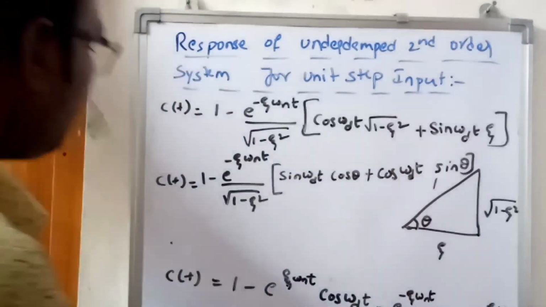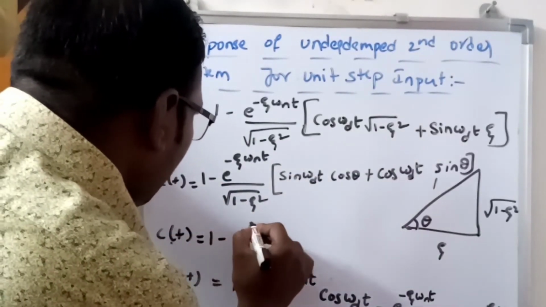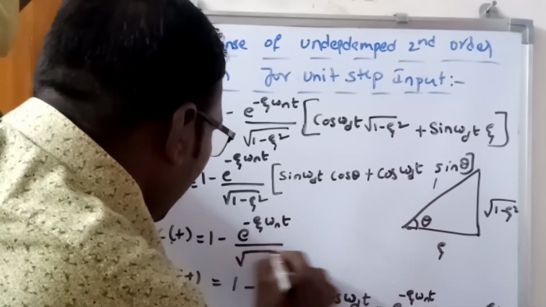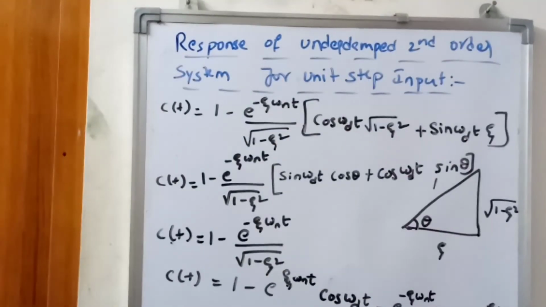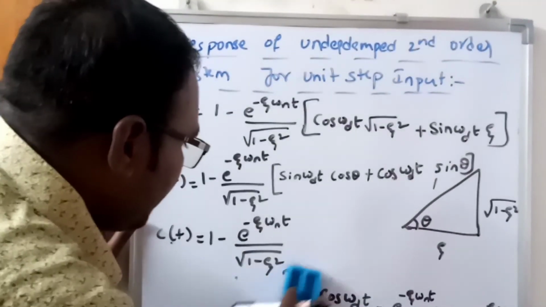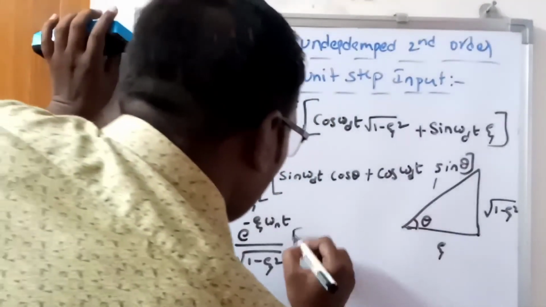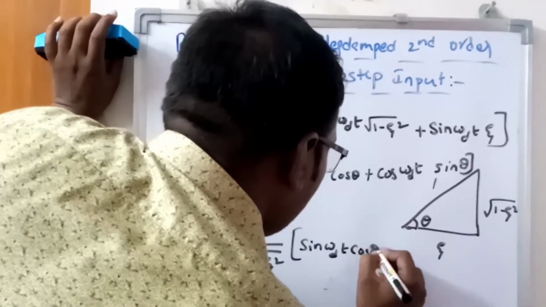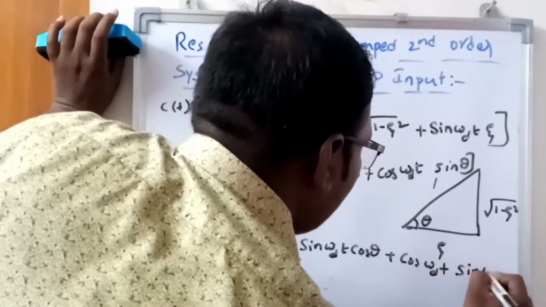Now c of t is equal to 1 minus e power minus zeta omega n t by square root of 1 minus zeta square into sin omega d t cos theta plus cos omega d t sin theta.